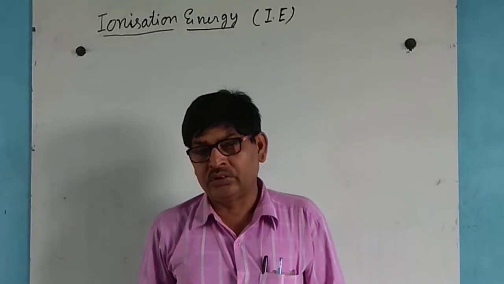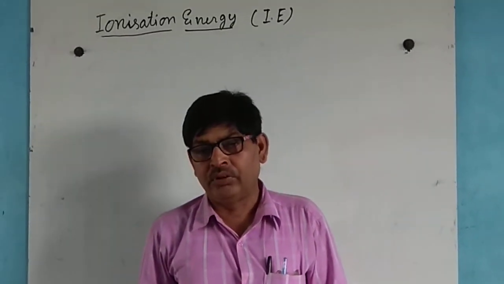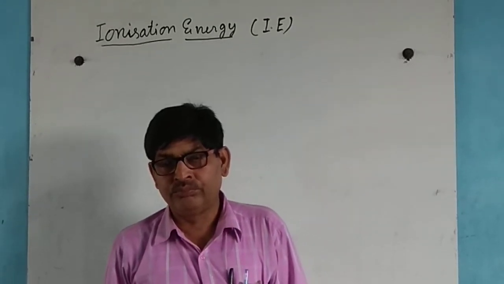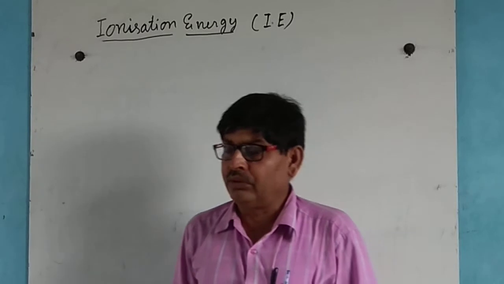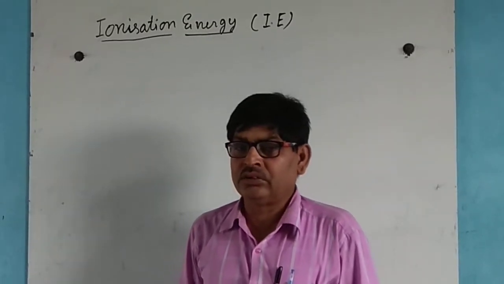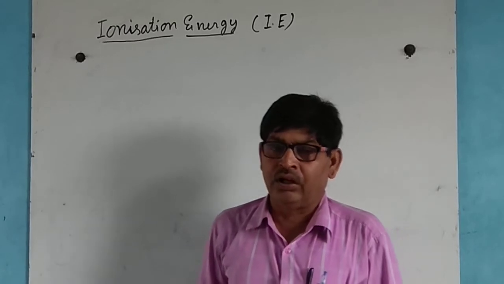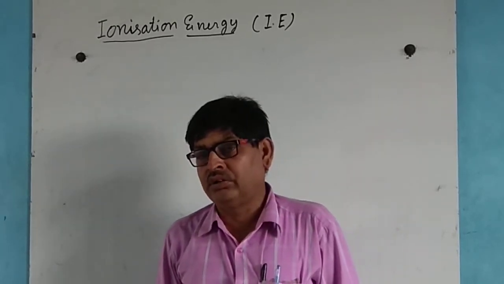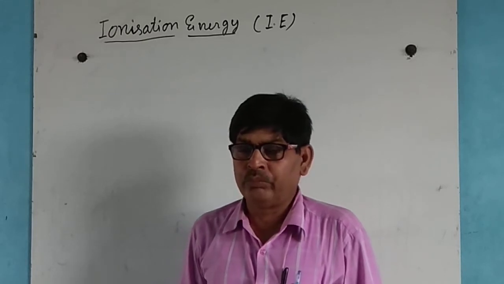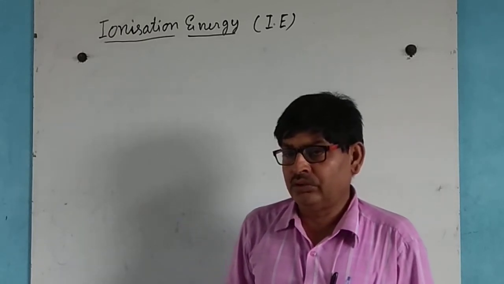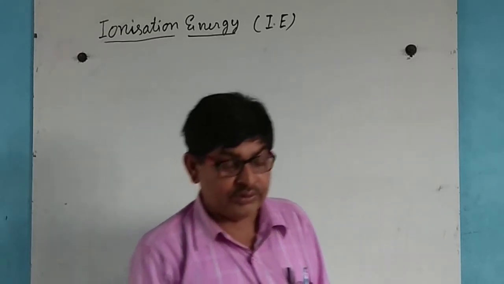As you know, ionization energy in the periodic table increases from left to right along the period, and decreases from top to bottom along the group. Now we discuss this here.